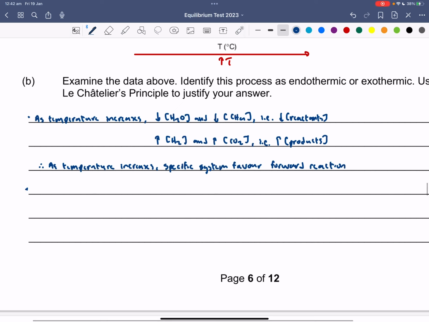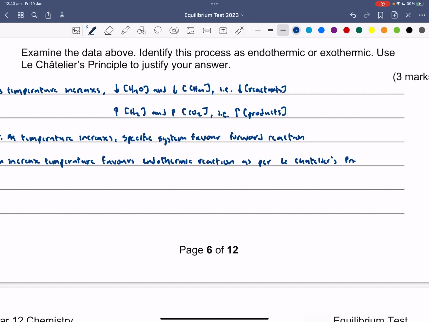Then you can write that an increase in temperature favors the endothermic reaction. Alright, favors the endothermic reaction. We can write as per Le Chatelier's principle. You can't just write LCP in a test, write as per Le Chatelier's principle.